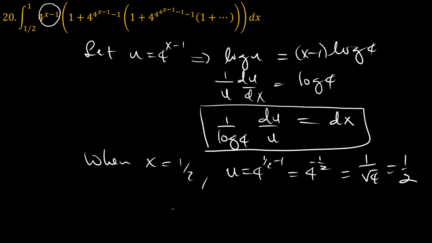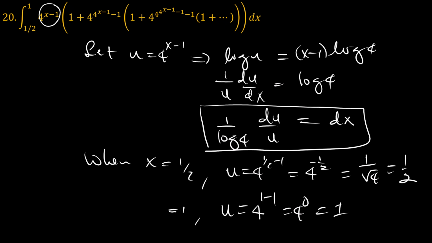When x equals 1, u equals 4 to the 1 minus 1, which is 4 to the 0, which is equal to 1. So the limits remain the same.